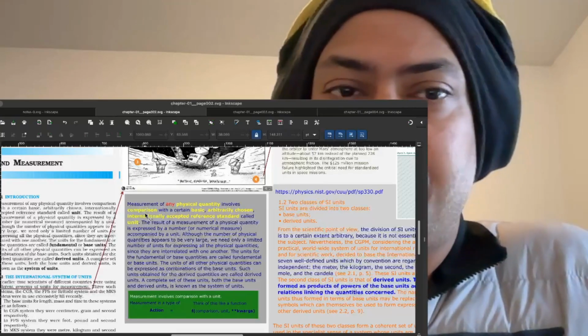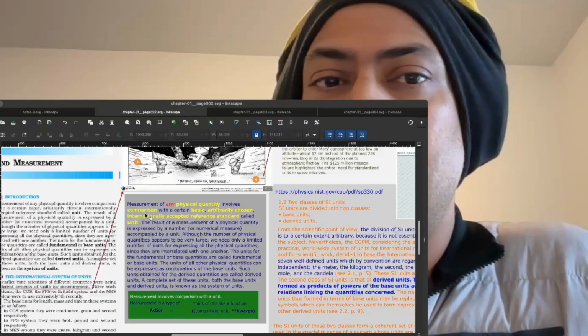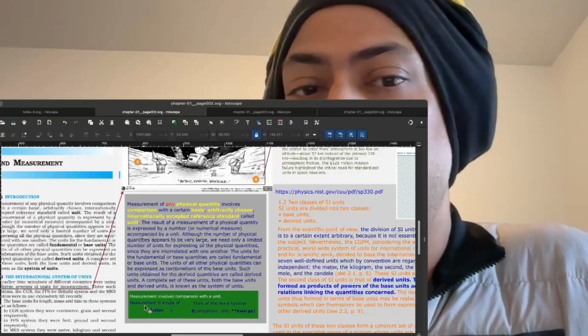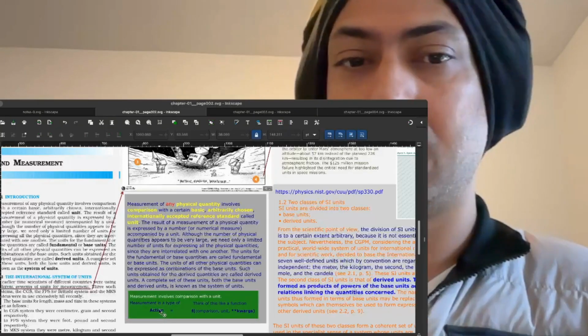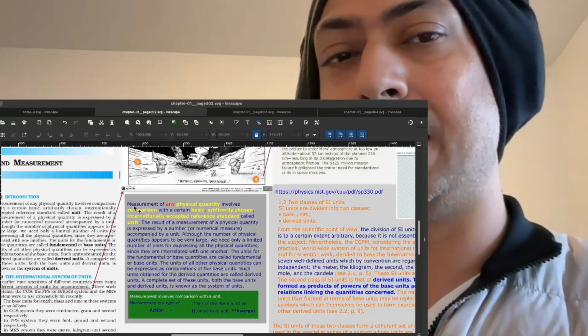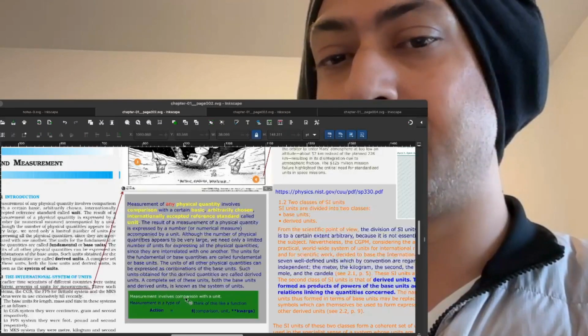If we break down this sentence, we'll see that the sentence is talking about one action, which is measurement. So, measurement is a type of action. If we simplify this sentence, we can read it by saying that measurement involves comparison with a unit.